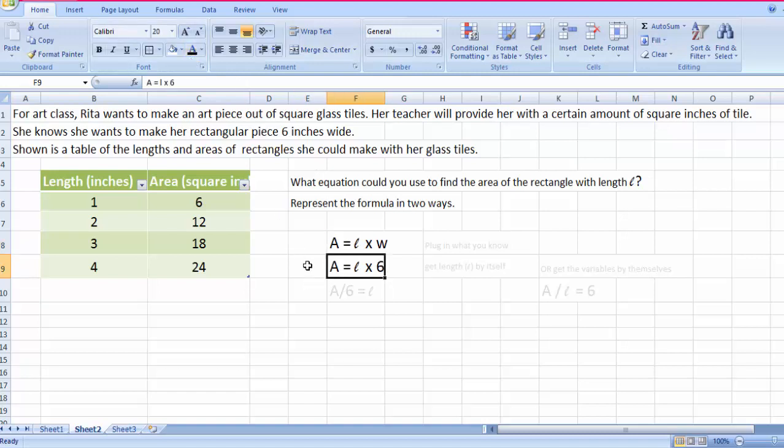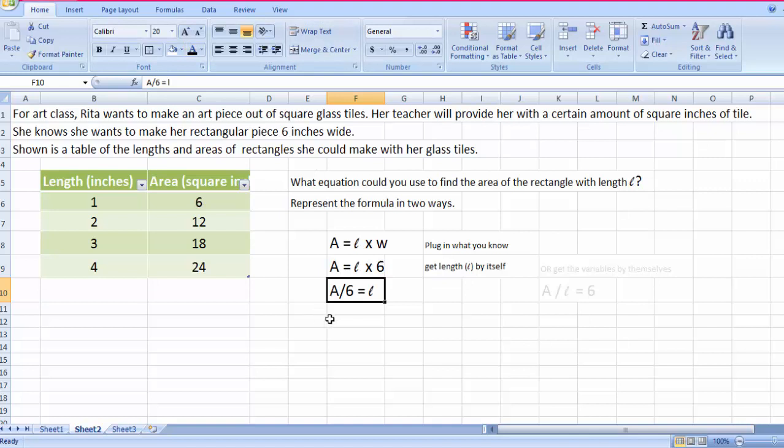We have unknowns of area and length. First, we plugged in what we knew. Now, we're going to get length L by itself. We're going to divide A by 6.